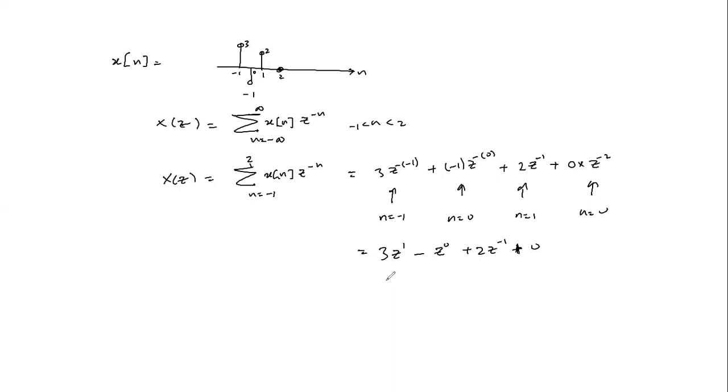Anything to the power of 0 is 1. So the Z transform becomes 3z minus 1 plus 2z to the power of minus 1, which is the same as 3z minus 1 plus 2 divided by z. That's simple. Okay, consider another example.